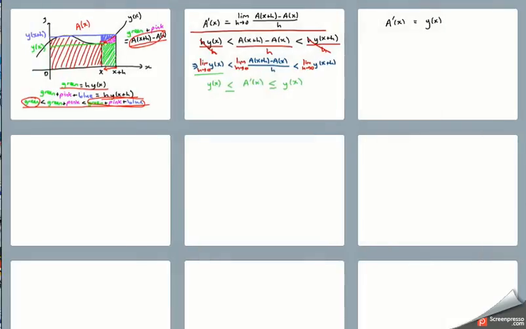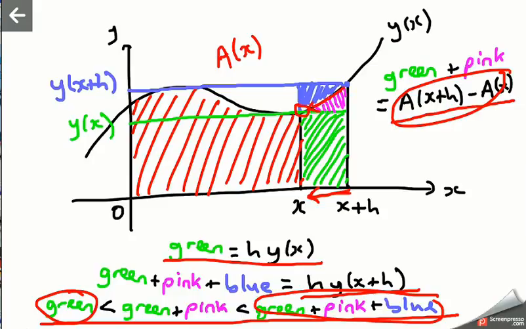So when you have a function y of x and you have the area function, which is the function of the area under y, between y and the x-axis, then when you differentiate that area function, it's actually equal to the function y itself. So A of x differentiates to y of x.